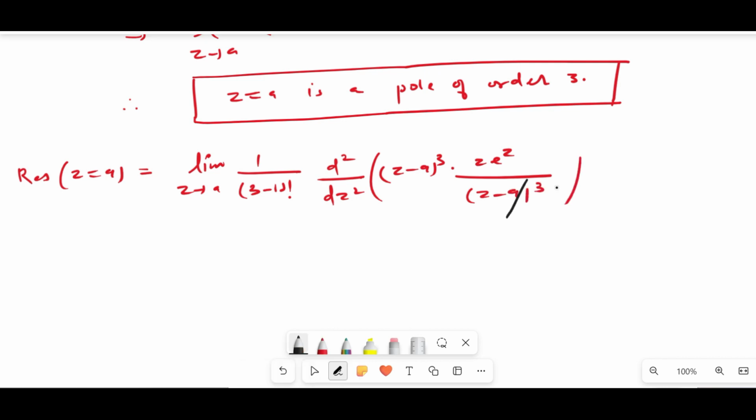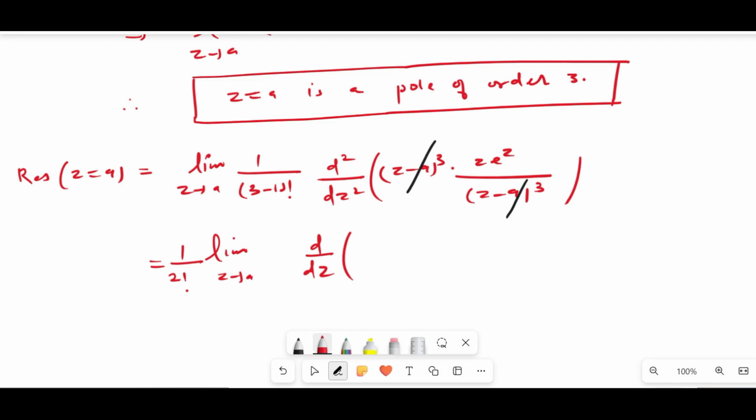So here this factor gets cancelled out. So now we need to find the first derivative. It will give 1 upon 2 factorial, limit z tending to a, and first find the first derivative with respect to z.